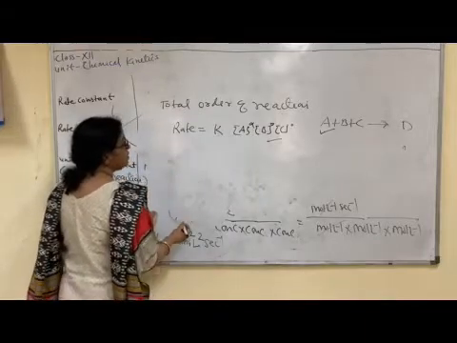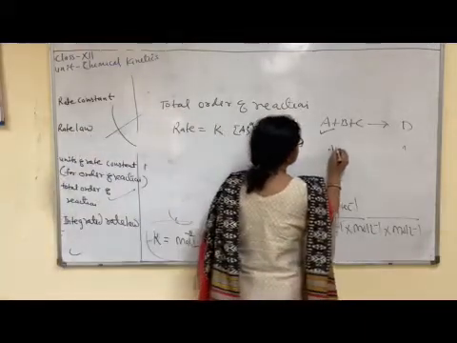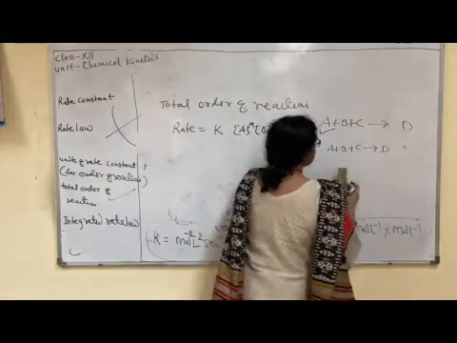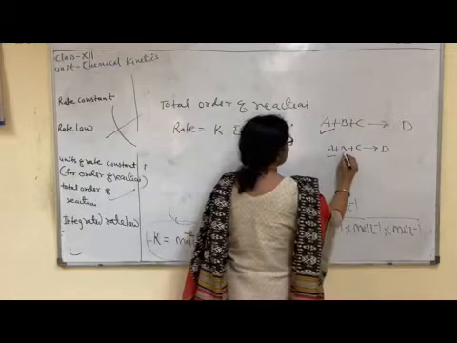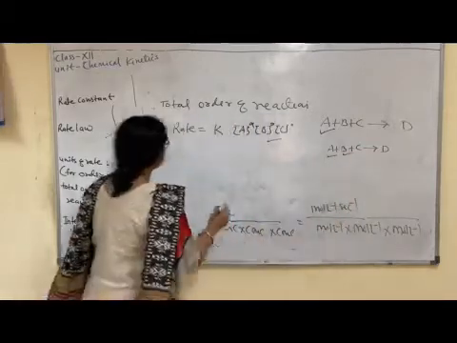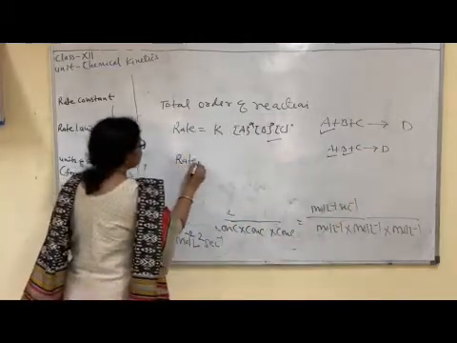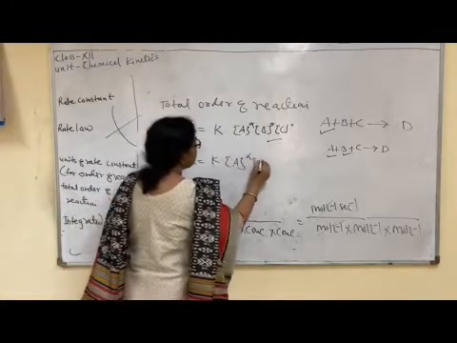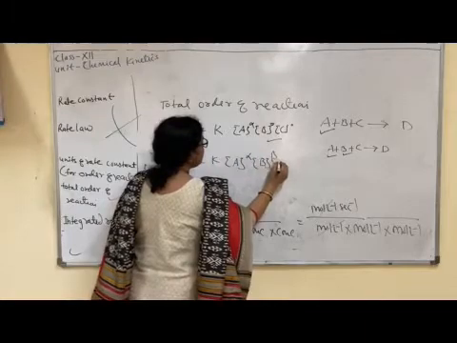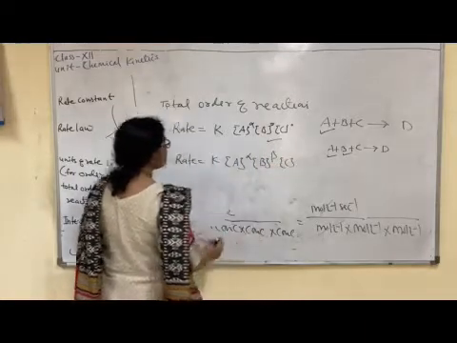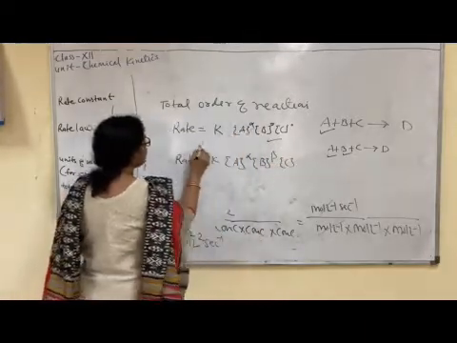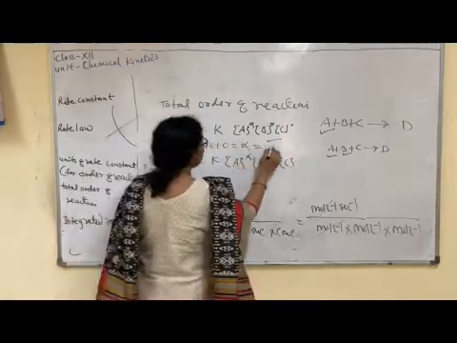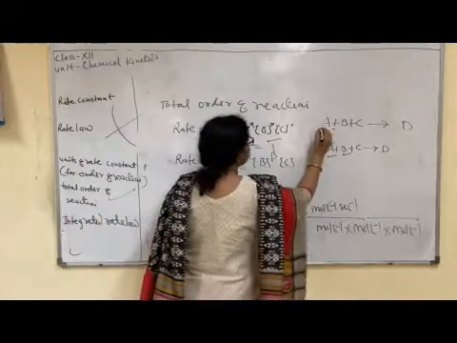In second case, when two concentration terms are affecting the rate of reaction, A plus B plus C, same product D, then rate expression, rate is equal to K, A raised power alpha, B raised power beta, and C. Here total order of reaction is alpha plus 0 is equal to alpha, and what is its value? 1, because this is first order of reaction.